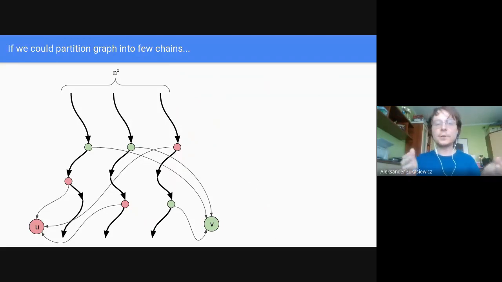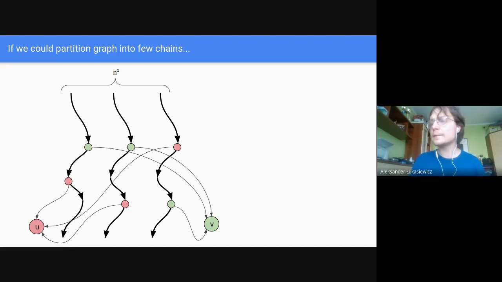So what happens if we could partition our graph into few chains? Let's say we have n to x chains that partition the whole graph. Then we can easily, for every vertex, compute the number of the last ancestor inside each chain. For example, for vertex u, these are colored in red.